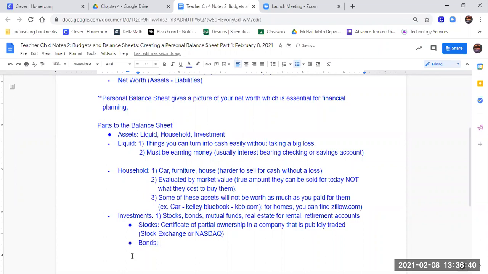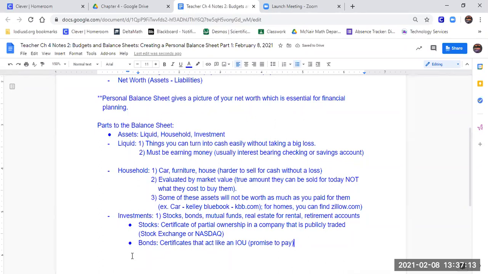Bonds are certificates that act like an IOU. You guys know what IOU stands for, right? Yeah. Okay. Promissory. Promise to pay is another way to say it.